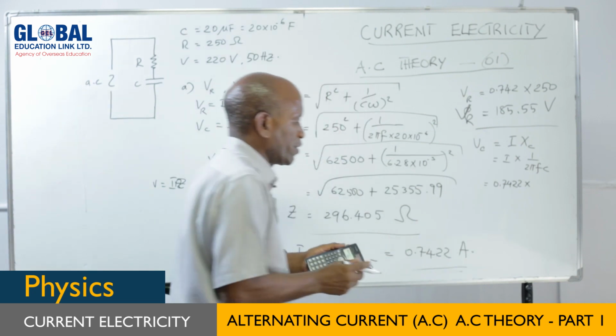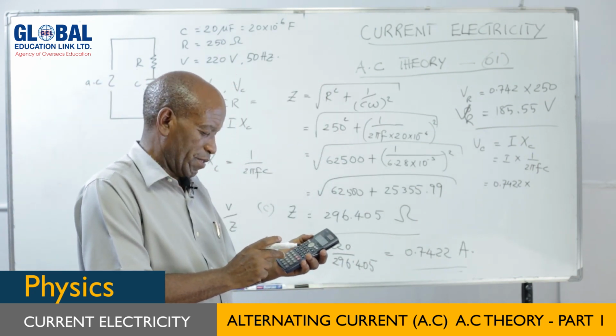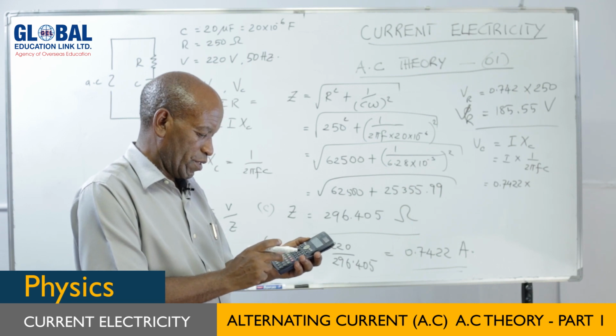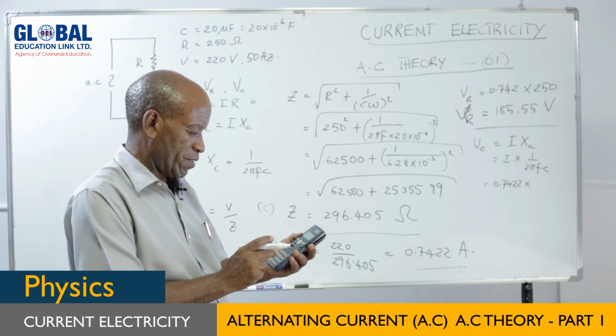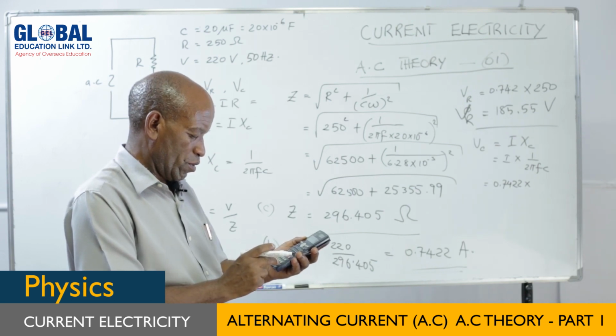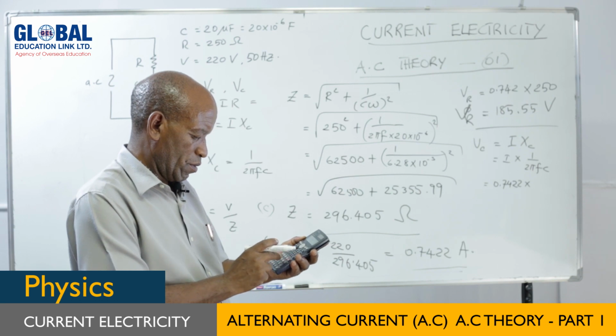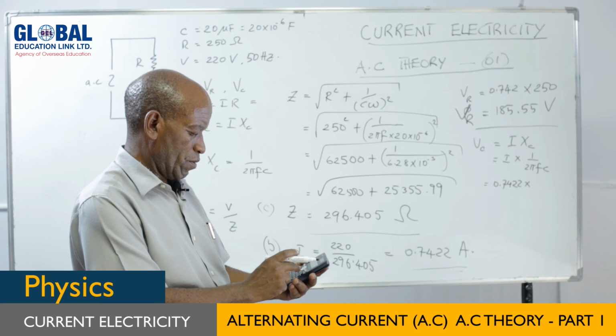Now we need to compute the capacitive reactance. So we multiply 2 times 3.14 times 50 times 20.